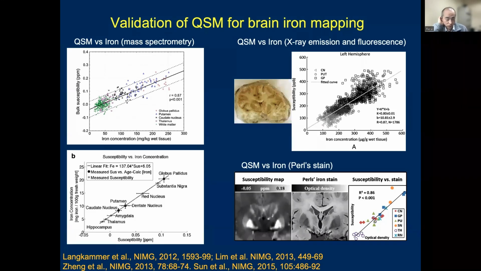Over the years, there have been several validation studies that have compared the QSM measures with histochemically measured iron content in the subcortical gray matter. These include using mass spectroscopy or X-ray emission, and also the classical Perls staining for iron. All these studies have found pretty high correlations between the tissue susceptibility measured using QSM versus the iron measured using the other methods.